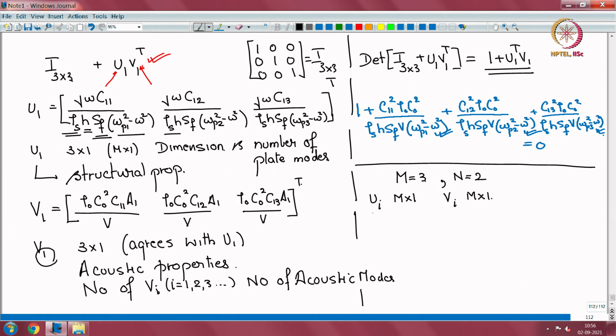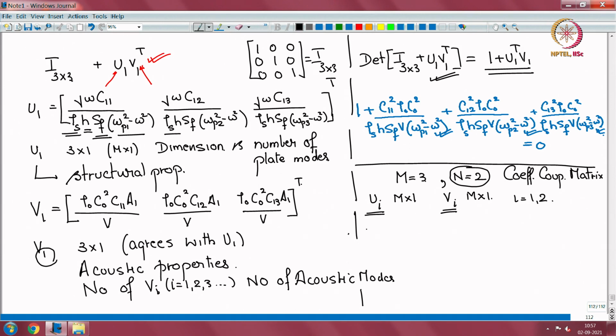But how many U's and V's there will be is decided by the number of acoustic modes. So I will run from 1 to 2, and let us give this matrix a name, we will call it the coefficient coupling matrix, or coupling matrix.